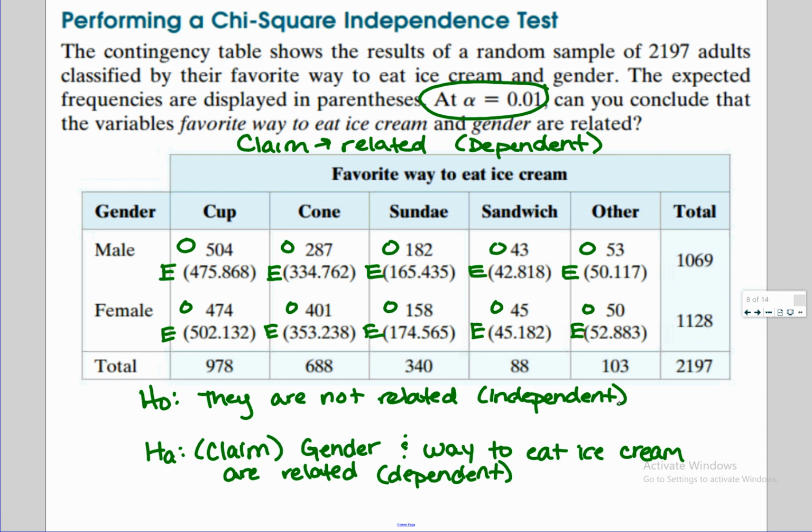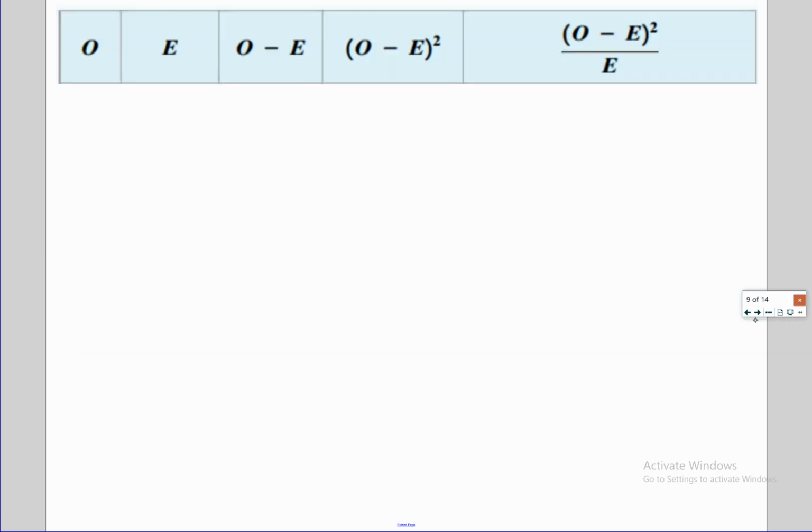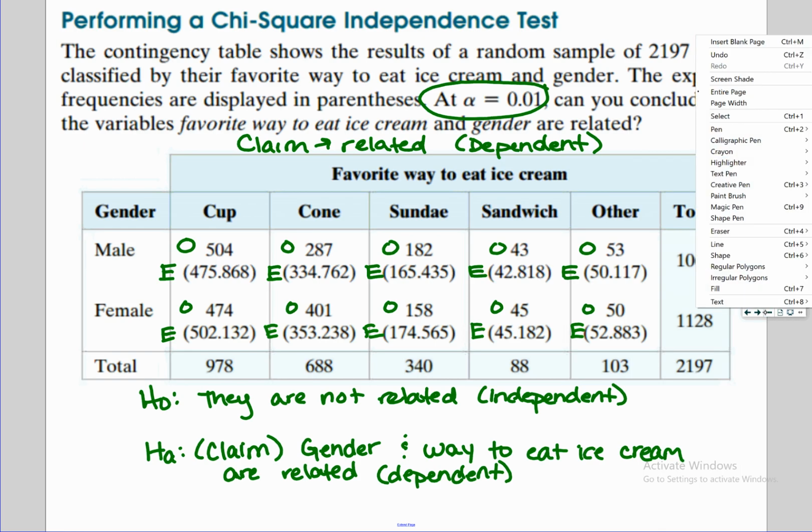We're going to put all the O's and the E's respectively next to each other in the first 2 columns. All right, so 504, 287, 182, 43, 53.